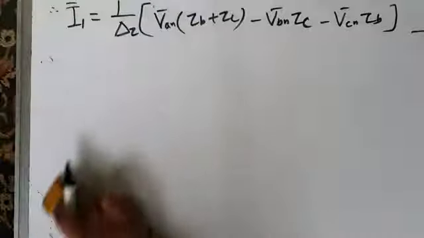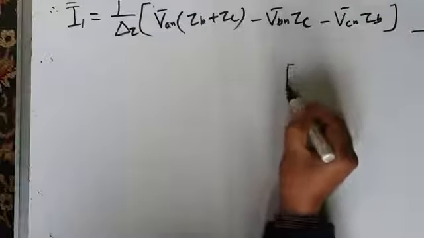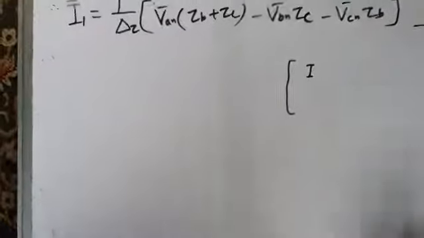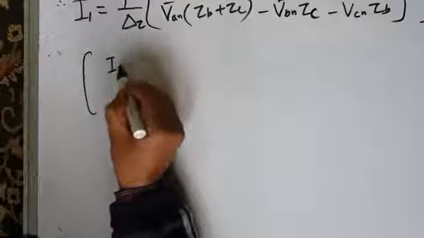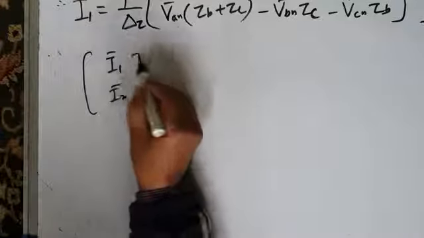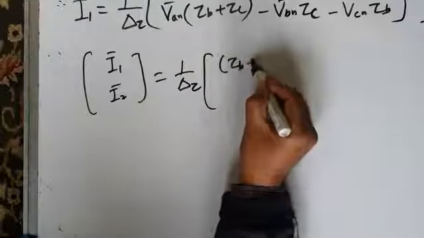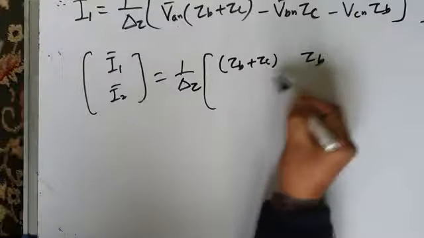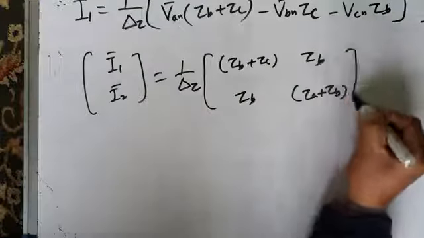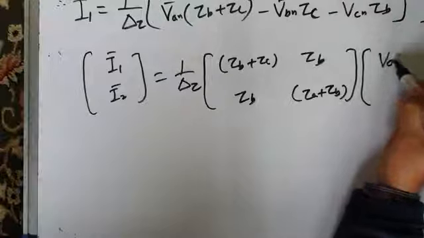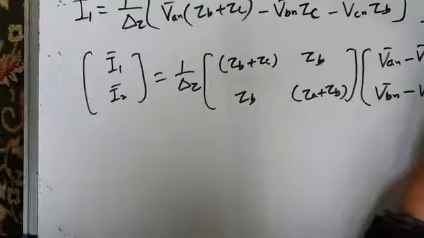Similarly, I can find mesh current I2. Where is the matrix? Let me write the matrix again for you. Matrix is this. This is the current matrix I1, I2 is equal to 1 by delta Z into ZB plus ZC, ZB, ZB, ZA plus ZB into VAN minus VBN and VBN minus VCN.